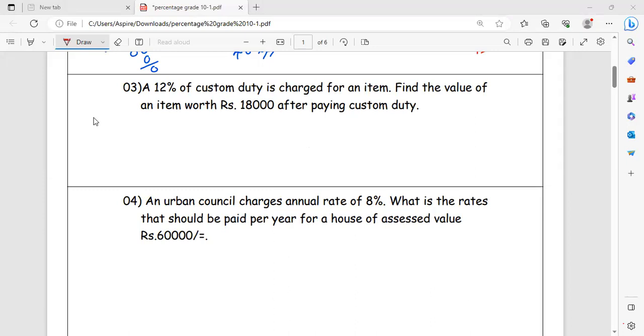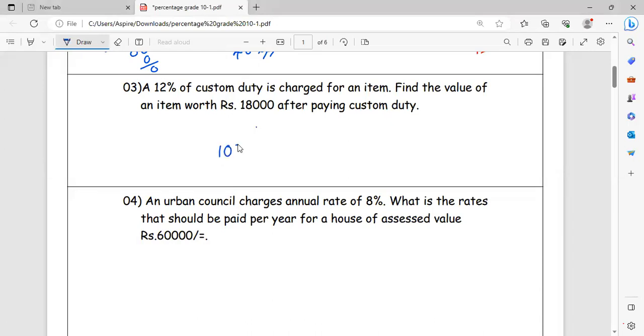Then you can calculate the custom duty separately and add it to the worth of the item. Or you can find this one at once. එකපාරින් හොයාගන්නත් පුළුවන්. Look at how you have to calculate.